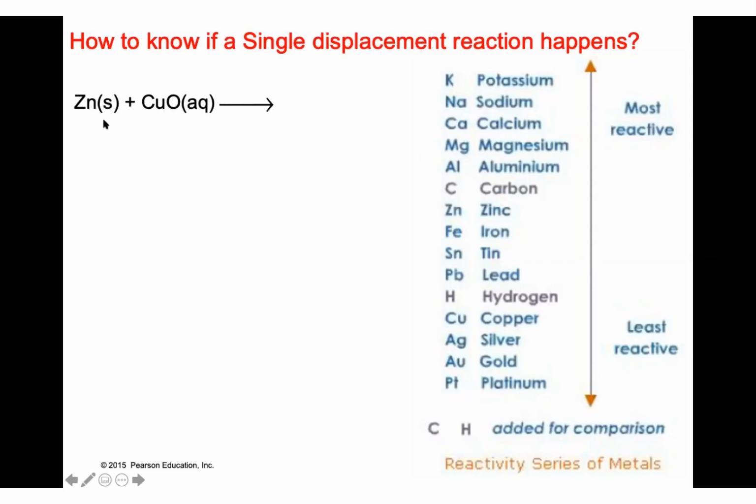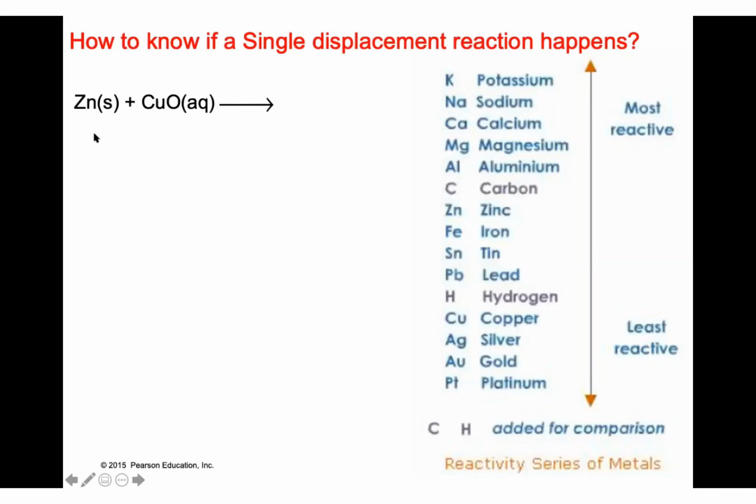That's what I said. But is it always happening? No. We should make sure that when it is happening, the most reactive metal should always be alone. When the single displacement happens, the most reactive element is always alone.